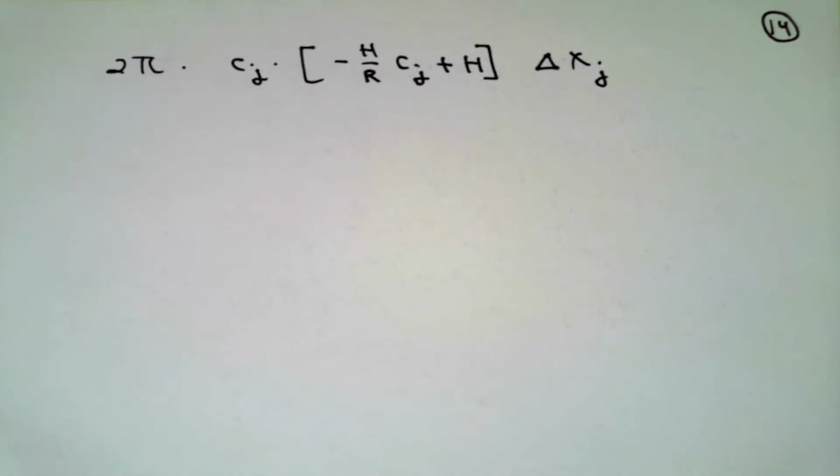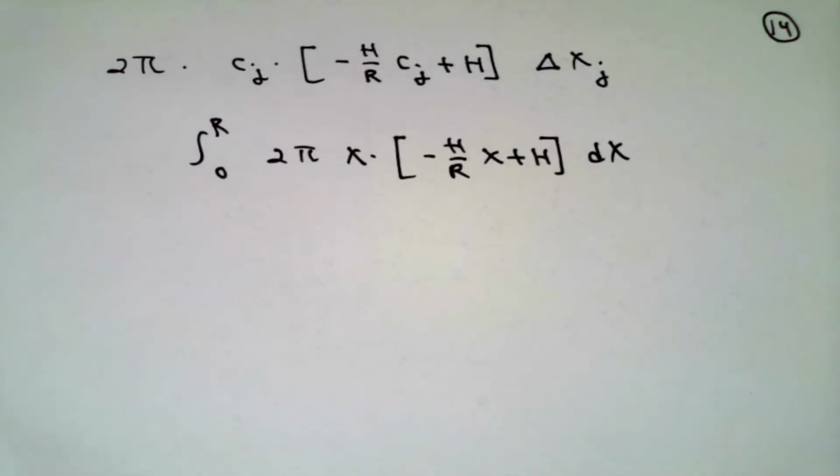We're going to add up all those contributions and take the limit as all of the delta x's tend to 0. This will turn into an integral. The delta x_j's become dx, the c_j's become x, and the limits of integration, since x is the variable, will be 0 to r.